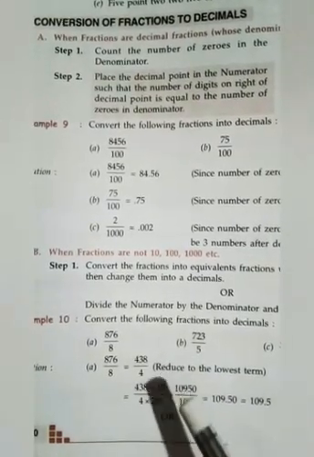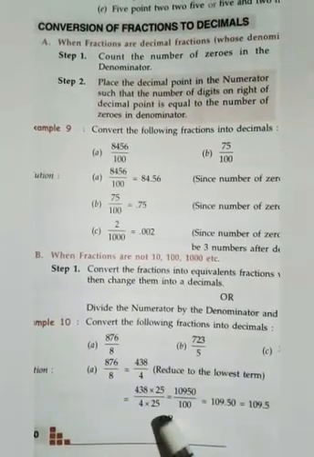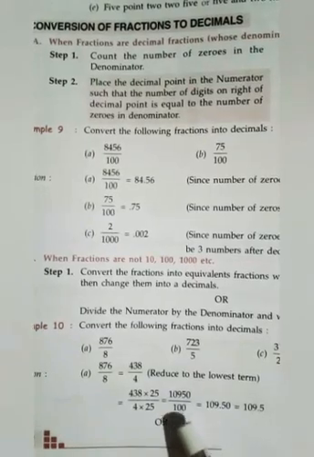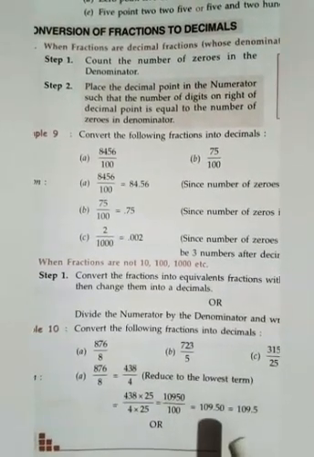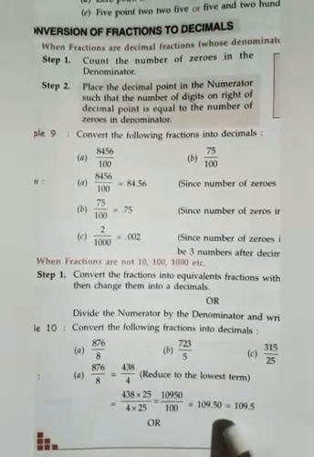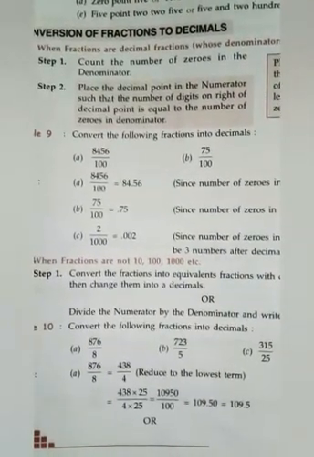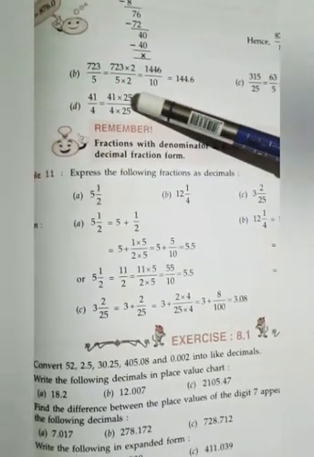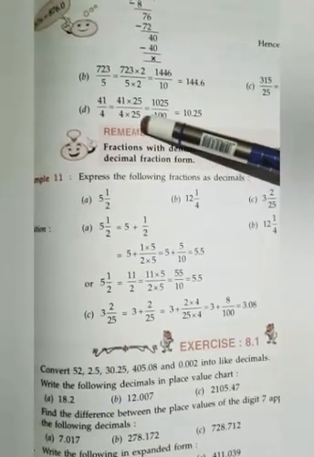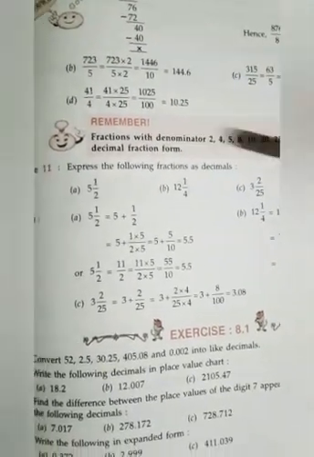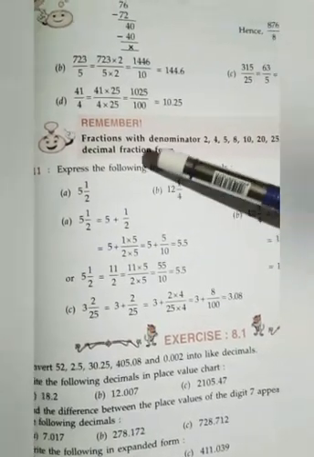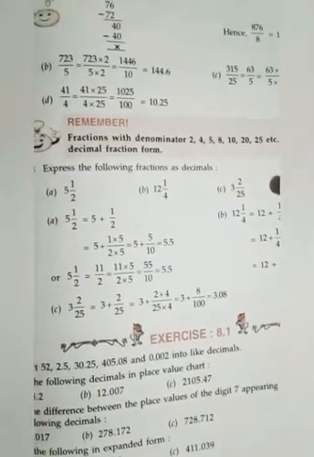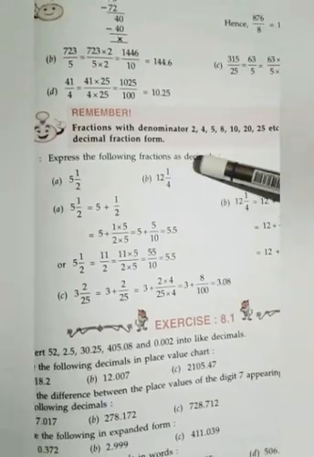So in the numerator and denominator both we have to multiply by 25. Then easily we can convert it to 109.50, because here 2 zeros are there. 109.50 means 109.5. Like this, children, you see B and D. Here 5 is there, here 4 is there. Here we multiply by 2 to get 10. And here we multiply by 25 to get 100. Okay. So, children, remember that fractions with denominators 2, 4, 5, 8, 10, 20, 25, etc. can be written in decimal form.